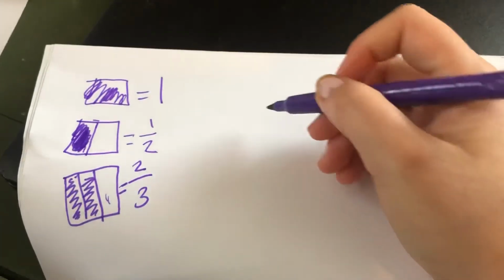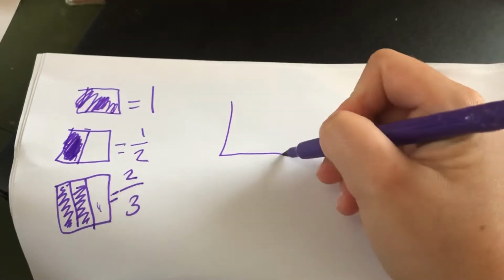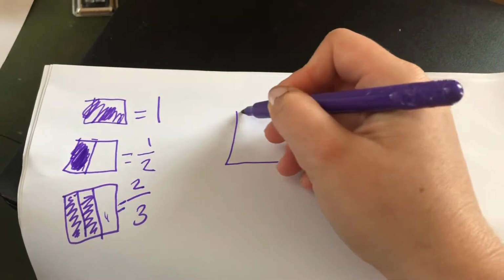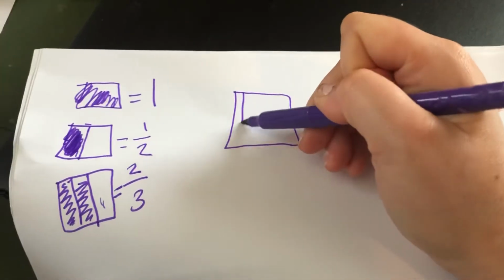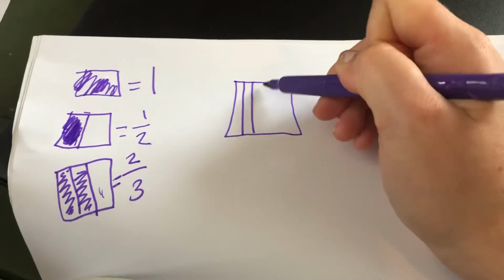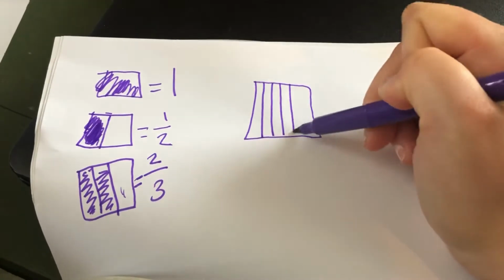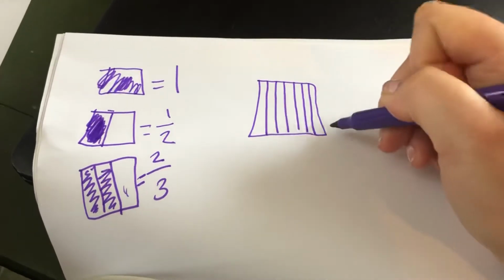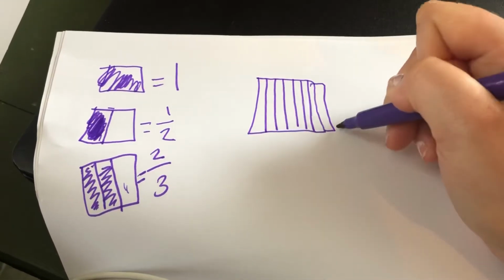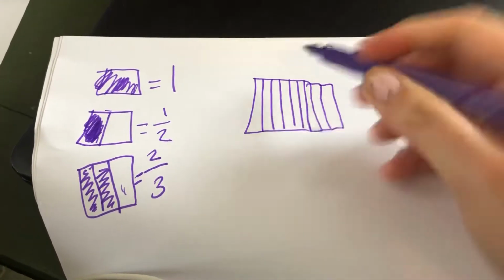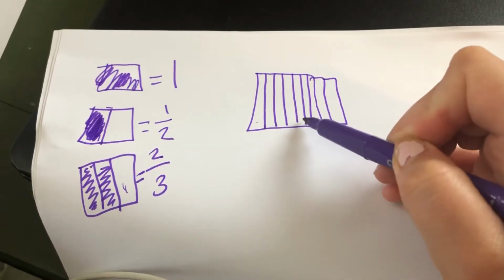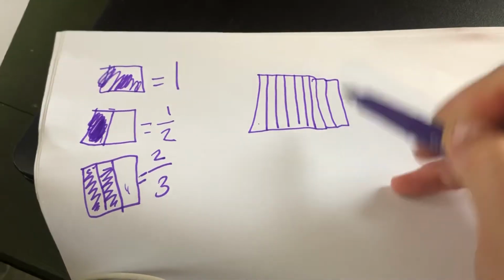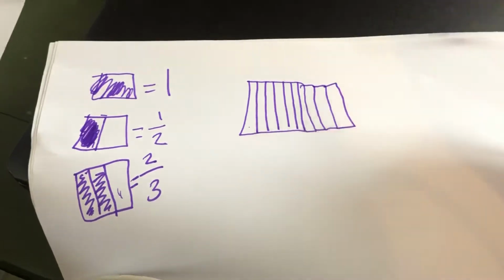Let's work with tenths, because that's what our learning target says that we need to do. So let's have a square with 10 pieces. 1, 2, 3, 4, 5, 6, 7, 8, 9, 10.